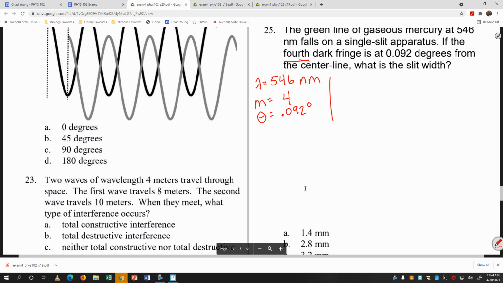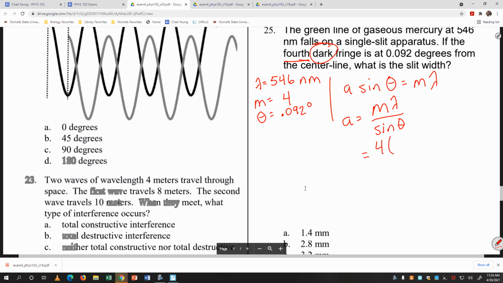So this one's actually pretty straightforward. I say a sine theta equals m lambda. Here, remember that m refers to your dark fringes. So m is equal to 4 because it's a dark fringe. I'm looking for a, so that's going to be m lambda over sine theta.